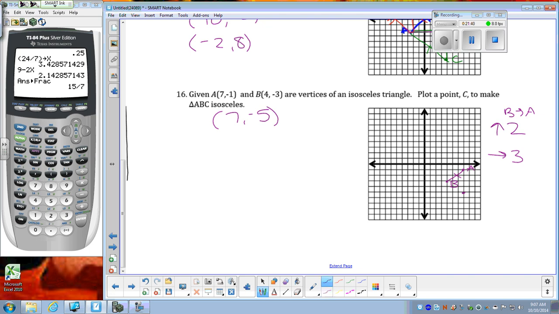I could go up 2 and then left 3, and have a point at 1, -1.